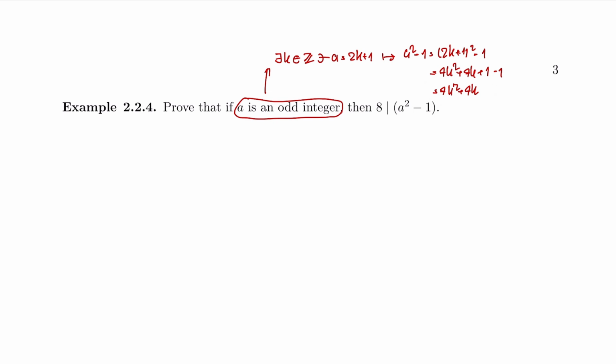So what can we do with this? We need to increase the number in front of k. I want to look at the number that divides a squared minus 1, which is 8. So I have to consider the number a and 8.